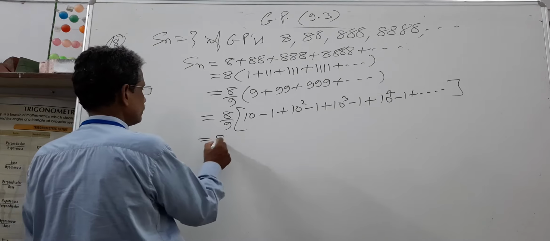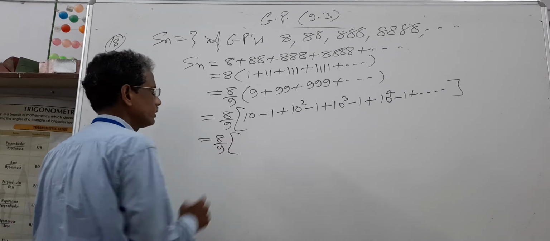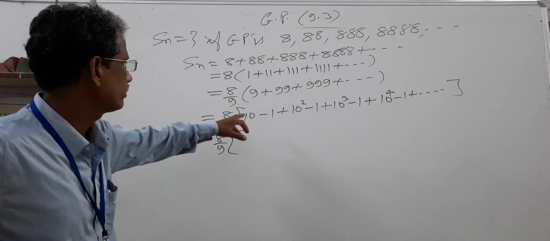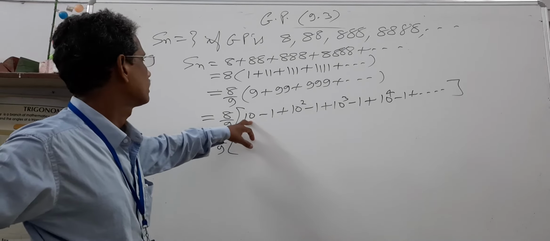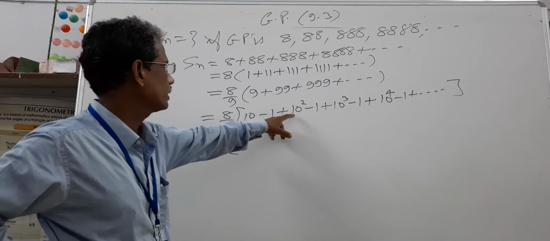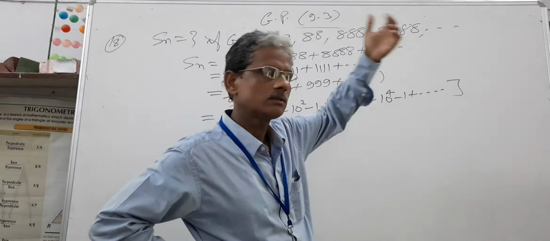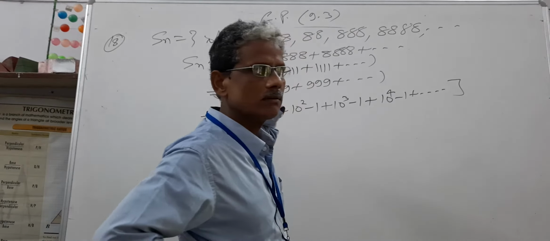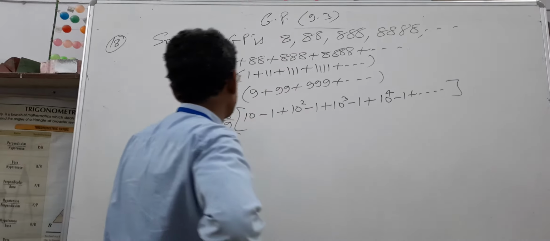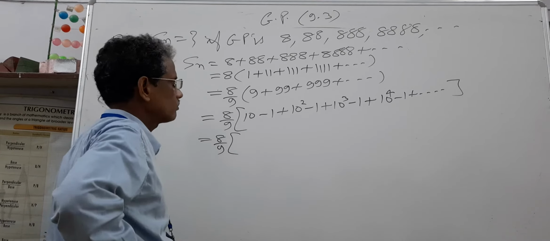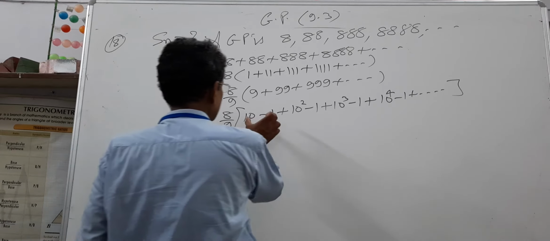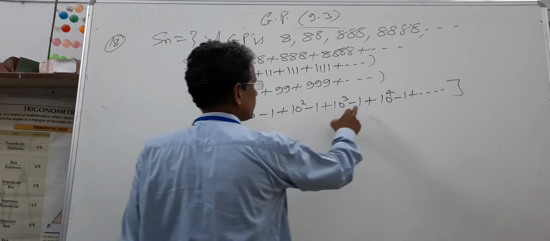In the first term 10 power 1, 10 power 2, 10 power 3, and in the nth term it will be 10 power n. If we select n terms, then in each term 1 is subtracted.